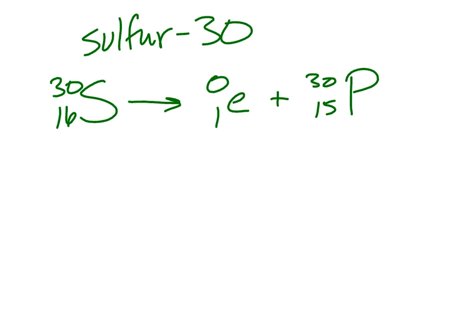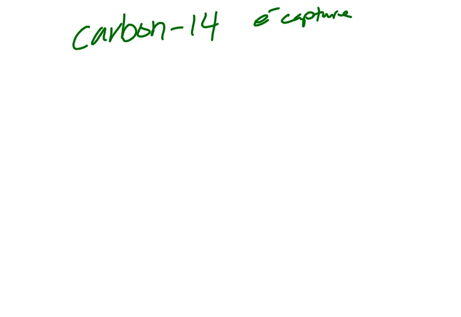All right, and just for the fun of it, because I think we have hopefully a good understanding of what went on right here, let's look at a combination. What if I had carbon-14, and it underwent electron capture and emitted 2 alpha particles?